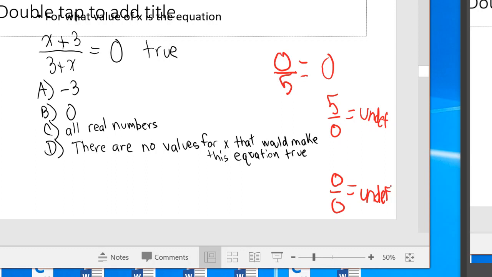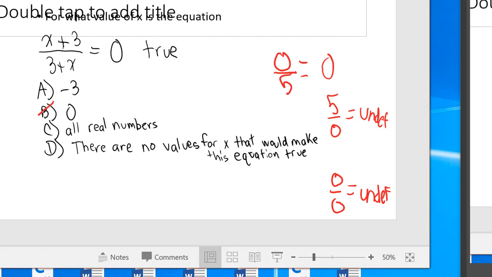So let's go through my answer choices here, because a lot of people will choose A as their answer, because we can almost immediately eliminate B and C. Well, we can eliminate B because if I put in 0, right, 0 plus 3 is 3, 3 plus 0 is 3, that's equal to 1.